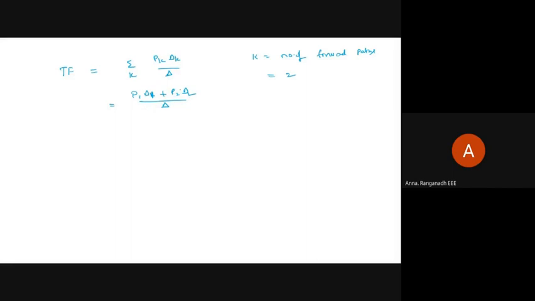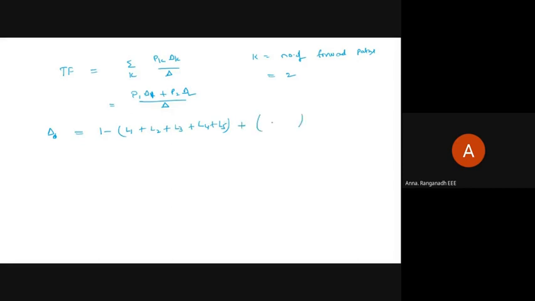So we know P1, P2. First we need to calculate delta. So delta equals 1 minus the sum of individual loop gains. So how many loops? L1 plus L2 plus L3 plus L4 plus L5, plus the sum of 2 non-touching loops.